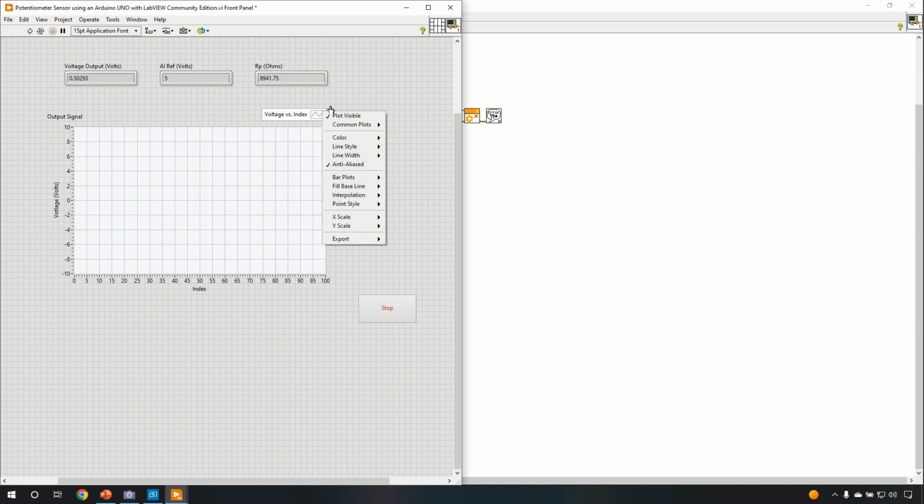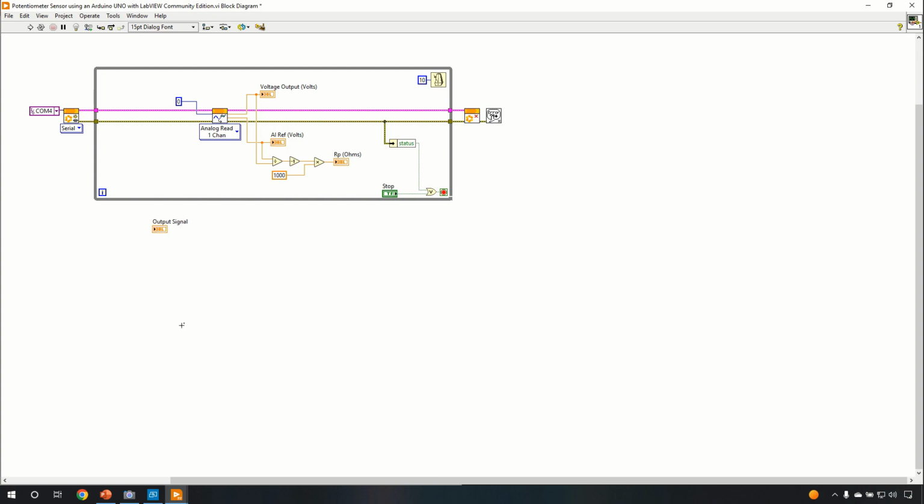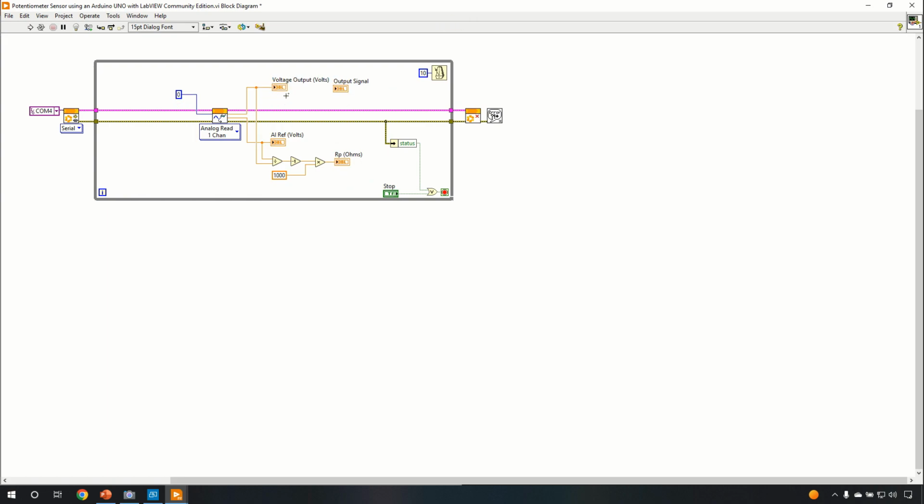And here I can say I have the voltage versus index. And all we need to do right now is to have our graphical input connected to our voltage right here. So we can just place it right there. And what I like to do is to align these two and just move this one a little bit downward. And from there, everything looks fine.